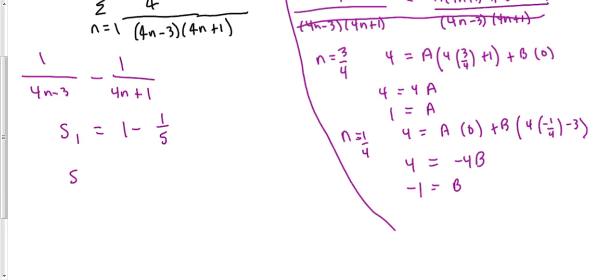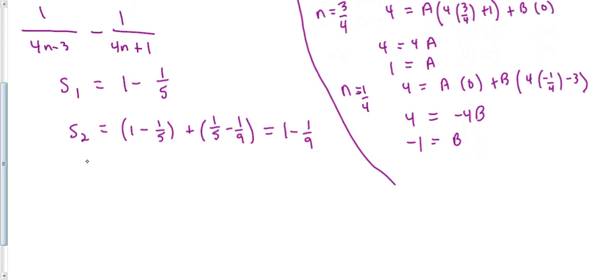If I let n be equal to 2, the second order partial sum is going to be 1 minus 1/5 plus 1/5 minus 1/9, and that's going to give us 1 minus 1/9.